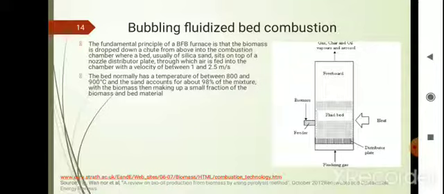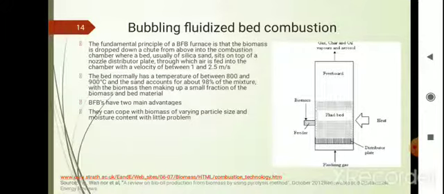The bed will be normally at a temperature between 800 and 900 degrees Celsius, and sand will be 98% of the mixture of bed, and the biomass will be very very small. If you compare biomass and sand, it will be more of bed. 98% will be bed, and only a small percentage will be biomass.